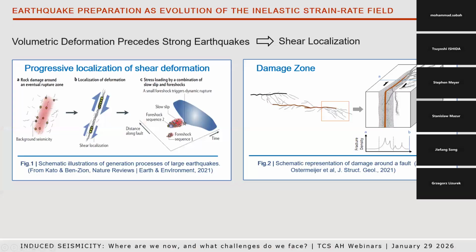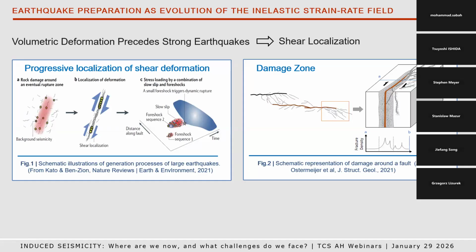I would like to start from one of the concepts of the earthquake preparation process, which was introduced by Yehuda Ben-Zion and Aitaro Kato. Here is the scheme of this concept, progressive localization of shear deformation, which was published in Nature Reviews in 2021.